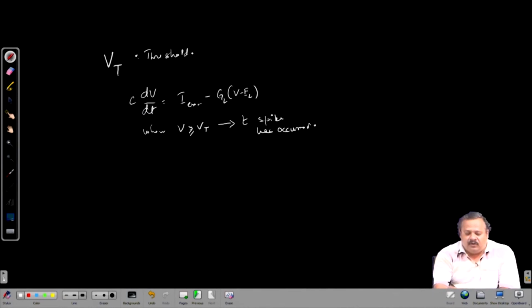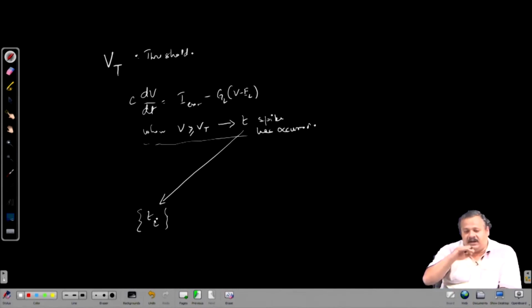So, essentially we can note this t down, and a number of t's will come along in time depending on the current injected, and these t i's are going to be the spike times.